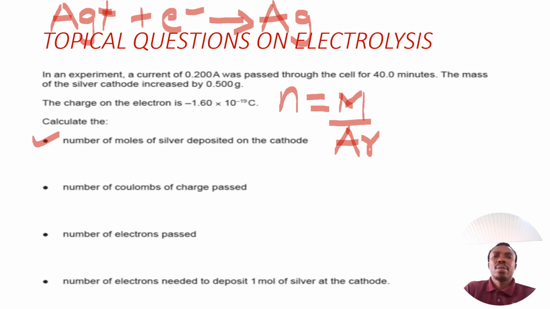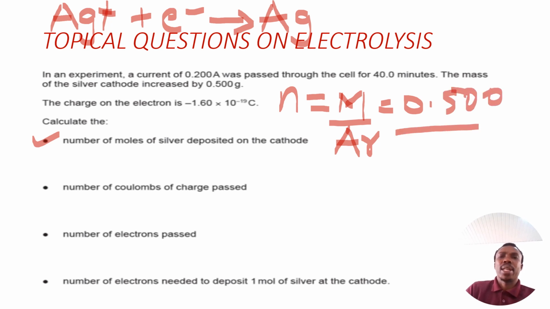The mass is 0.500. The relative atomic mass, if you check your periodic table, of silver is 108 gram. So to calculate the number of moles, 0.500 divided by 108.